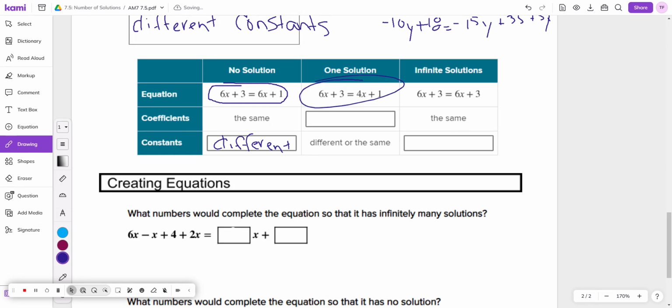On one solution, one thing we notice is we have different coefficients. And here's the thing about it. We can either have the same constants or different constants. Either is fine. But if we have different coefficients, it's going to have one solution no matter what. On infinite solutions, we have the same coefficients and the same constants.